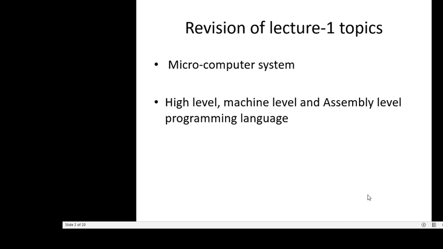We learned what a microcomputer is and its main components, which include the CPU, input devices, output devices, memory and system buses. Then we learned the different programming languages: machine level language, assembly level language and high level language. Then we compared these three languages also.